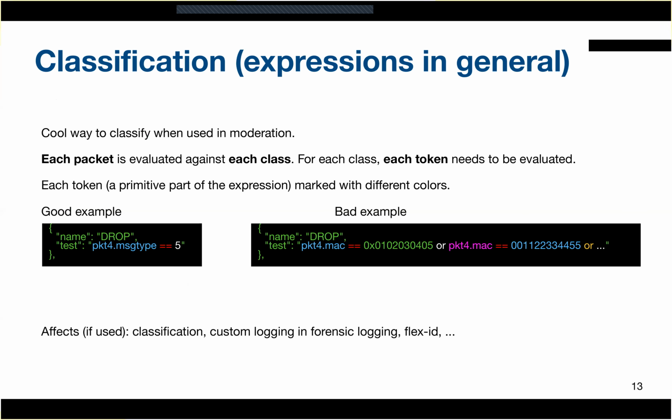Okay, so moving on, another potential speed bump, a pretty big one, is classification and expressions in general. This is a pretty nice way to classify and specify custom things when it's used in moderation. It can be used for a couple of things.